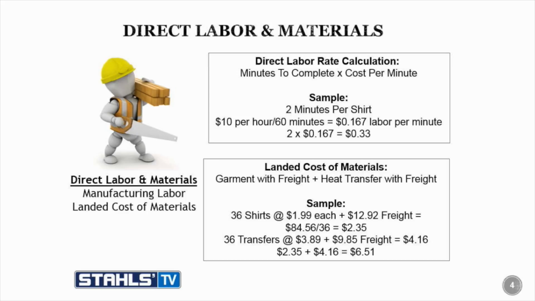Consequently, we do the math for the transfer calculation, and at the end of it, the transfer plus the shirt costs us $6.51 in our actual landed cost of material, that's shirt and transfer. Add that to our direct labor, and we know we have about $6.84 in total expense for direct labor and materials for this particular calculation. The reason we're doing this is a lot of people up front, especially small businesses, don't adequately calculate costs.